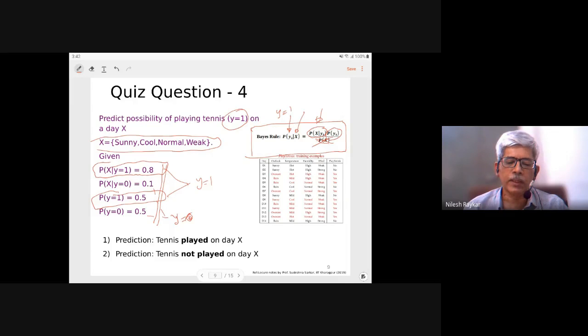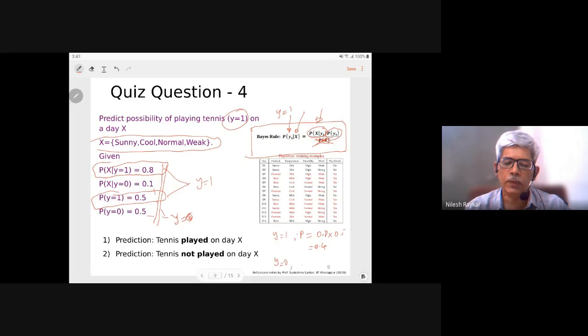So which is correct. If you calculate the probability, that is the term. For y equal to 1, the probability will come as 0.8 multiplied by 0.5, so that will be equal to 0.4. We are not considering P(x) because that is identical for both the calculations.